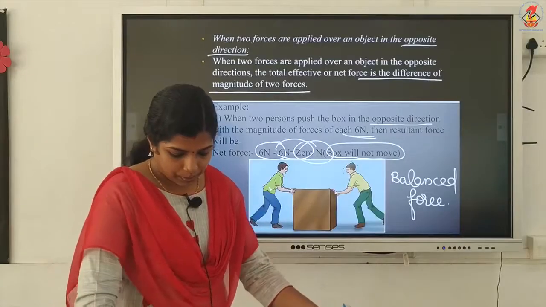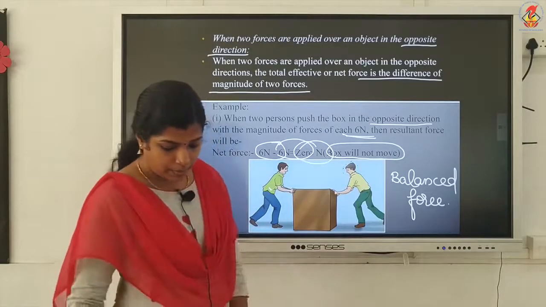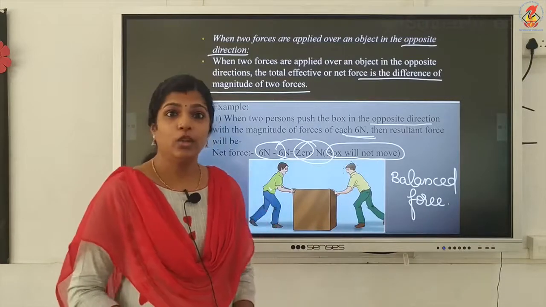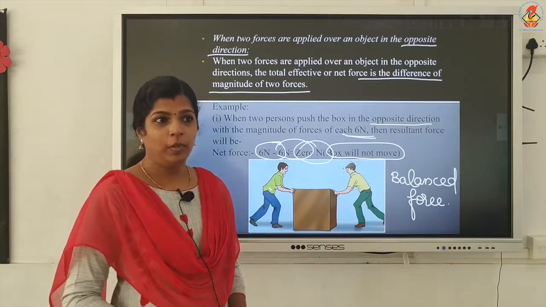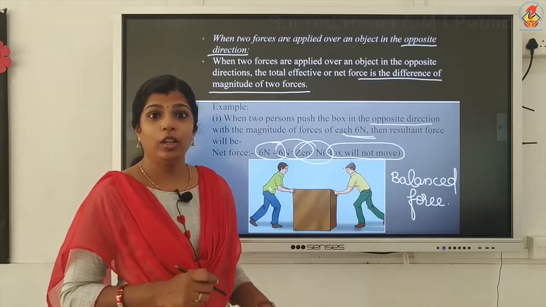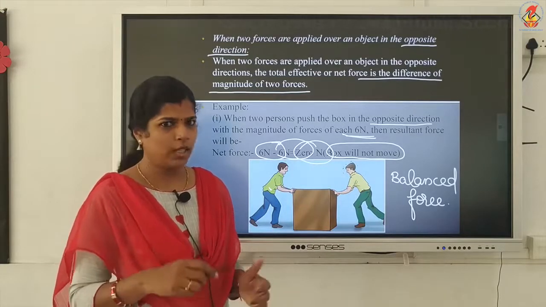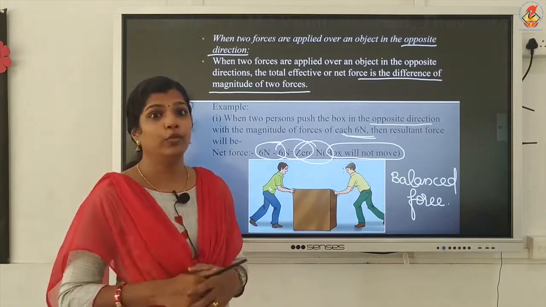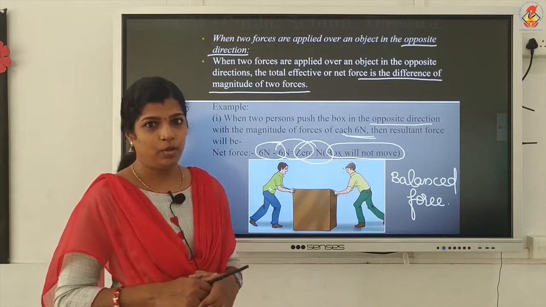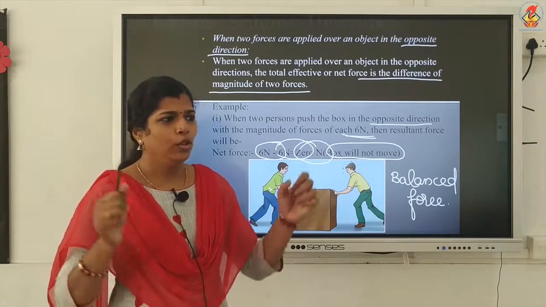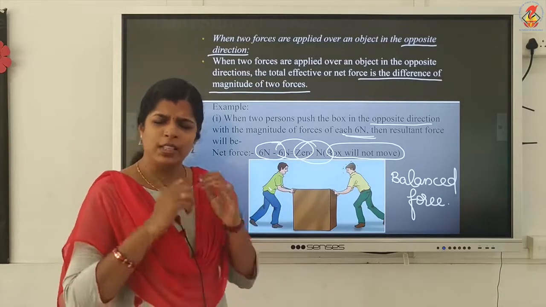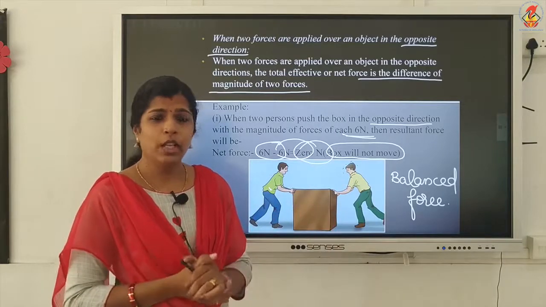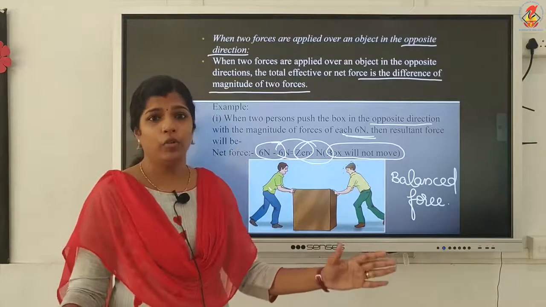Now, an example is here. Suppose in a tug of war competition, normally during the Onam season, our school last year also conducted the tug of war competition, isn't it? Suppose two teams are applying the same equal amount of force.